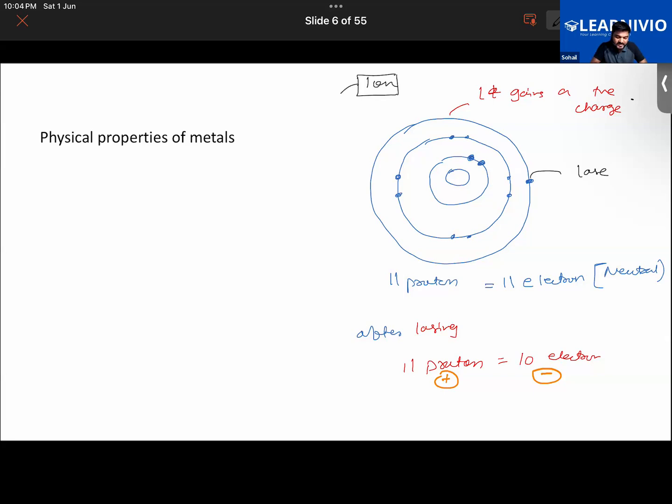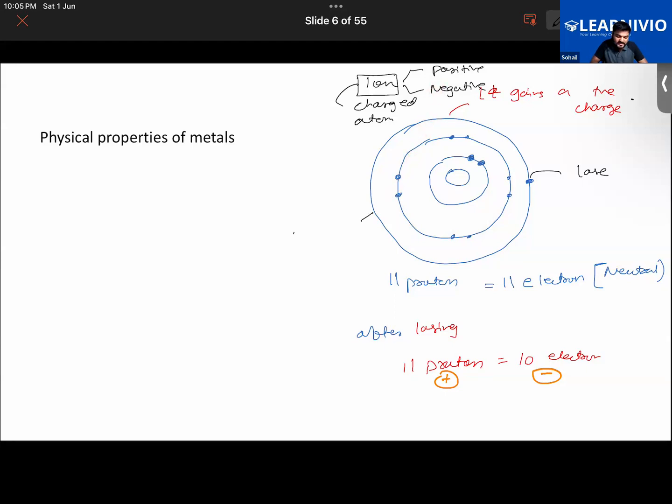So ions are basically charged atoms. Ions can be positive also, and they can be negative also. When you study non-metals, you will understand that atoms will become negatively charged, while in the case of metals, they become positively charged.